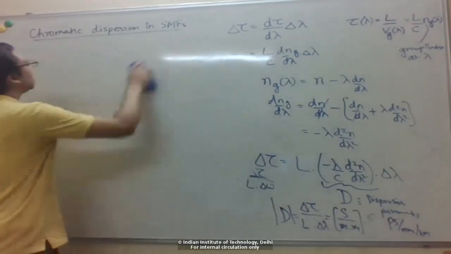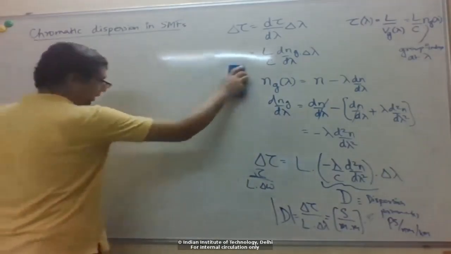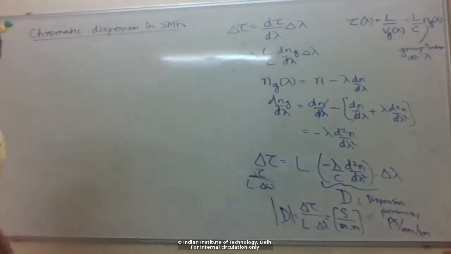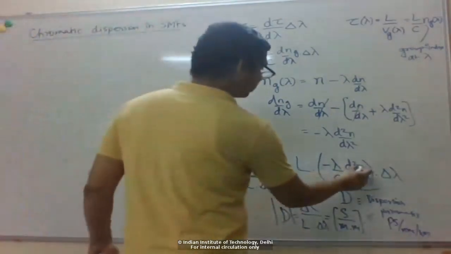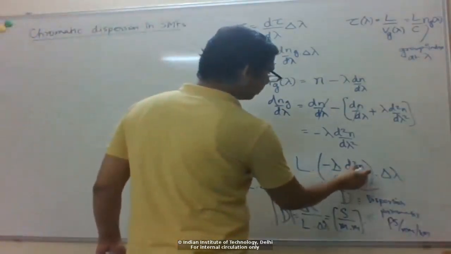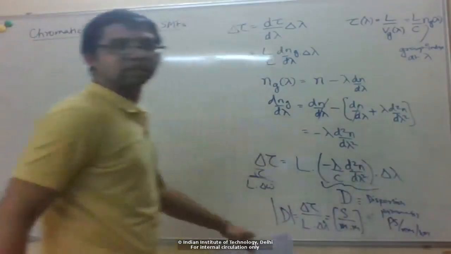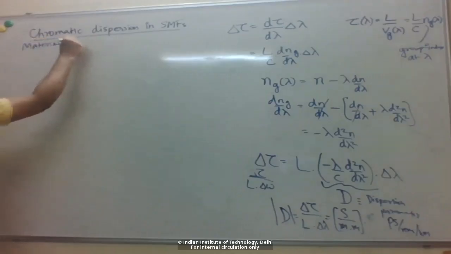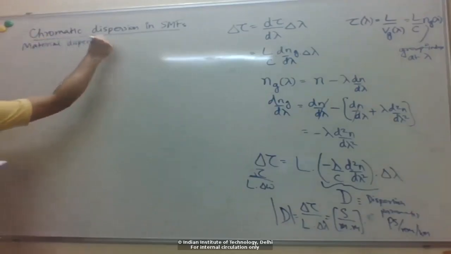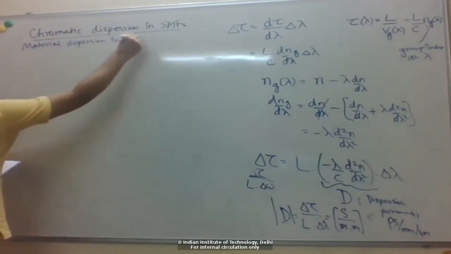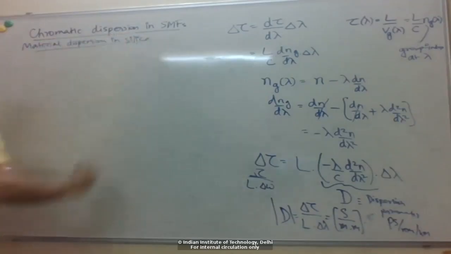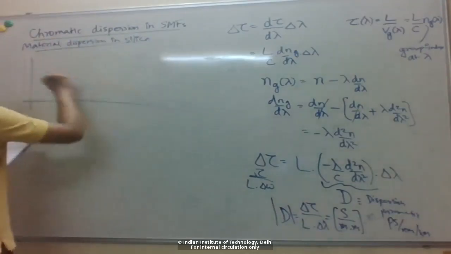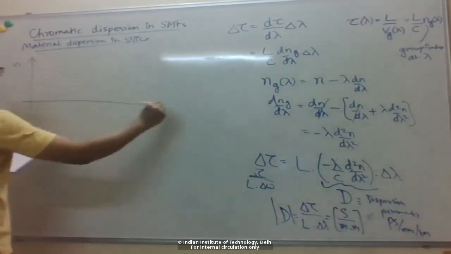Right. So if you look at material dispersion, that is again basically coming from, so here you see this is a second derivative of the refractive index with respect to wavelength, right? So for example, if you look at silica, which is what optical fibers are made out of, we can first plot the refractive index as a function of wavelength.